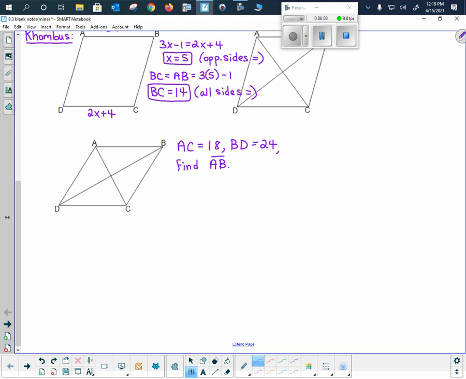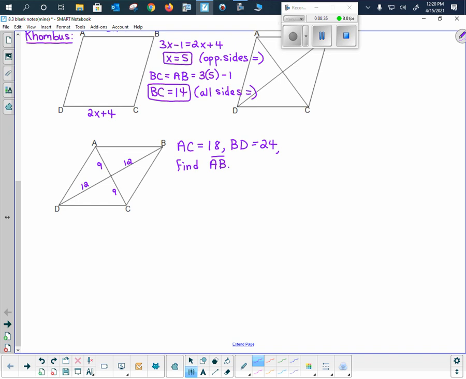All right. AC is 18. Well, I claim that means that A to the middle then would be 9. This would be 9. And BD being 24, that means each of them to the middle would be 12.